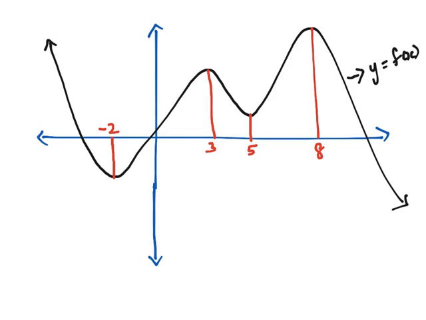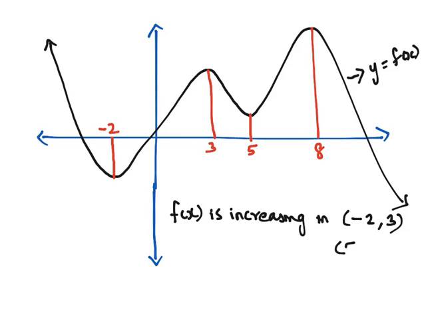Okay, fine. So let me give you the answers. Let us see how many of you got it right. f of x is increasing between -2 and 3 and between 5 and 8, right?